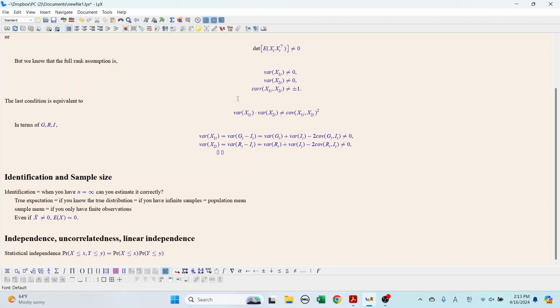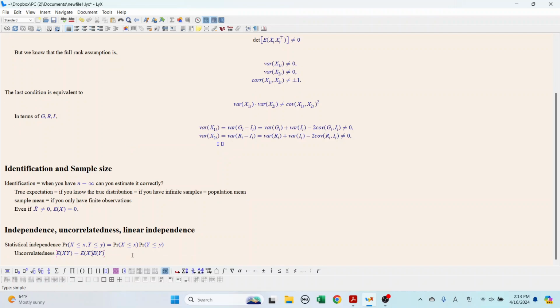Uncorrelatedness means that the expectation of xy is the expectation of x times the expectation of y, so it only restricts expectations. To see the difference under statistical independence, what you get is this.